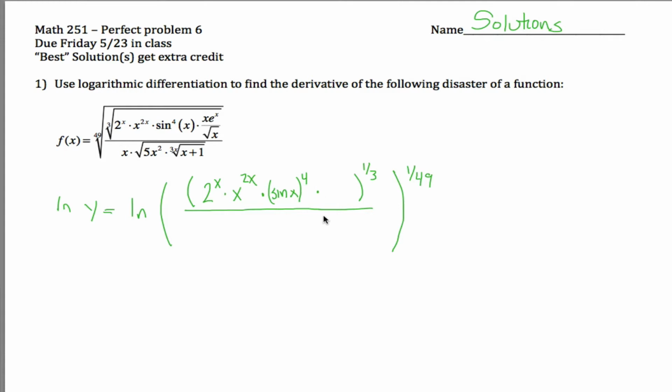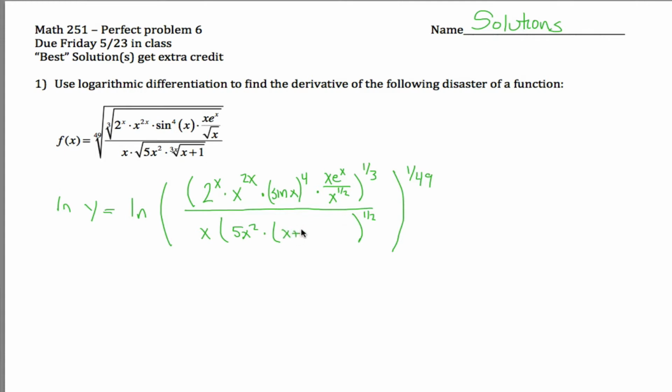Times a quotient, sure, x e to the x power divided by x to the 1/2 power. And all of that is divided by this mess down here, specifically x times, it looks like the square root of, so a bunch of stuff raised up to the 1/2 power, that stuff being 5x squared times, no, this one's kind of weird, the 3x root of x plus 1.